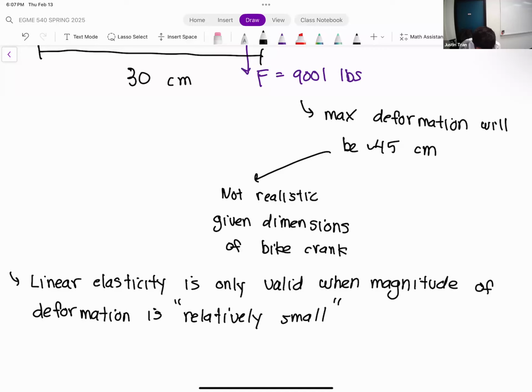And I'll put relatively small in quotes because it's one of those engineering terms where if you know, you know, but if you don't, then it's like, what is relatively small?